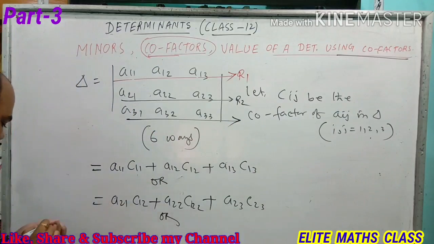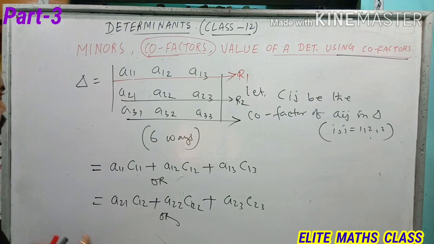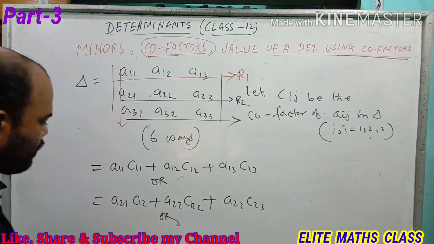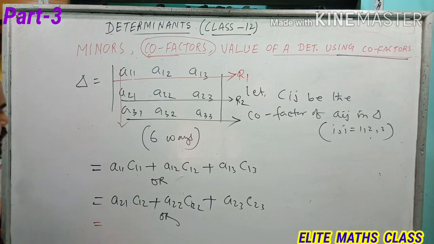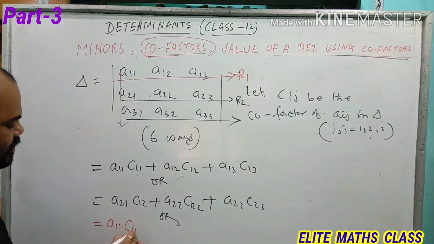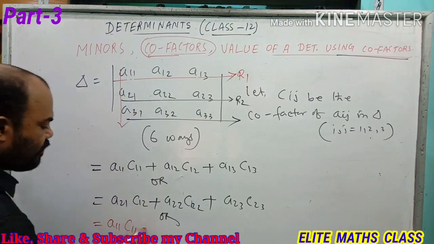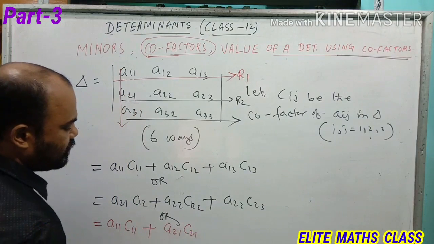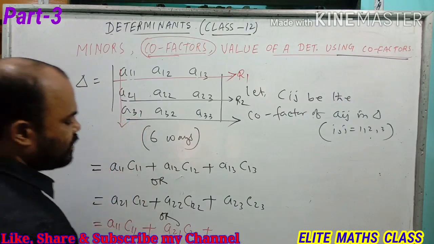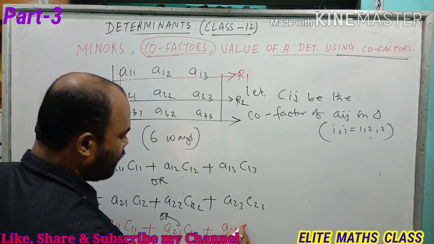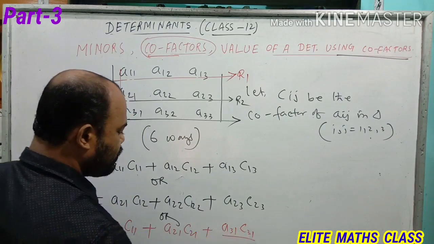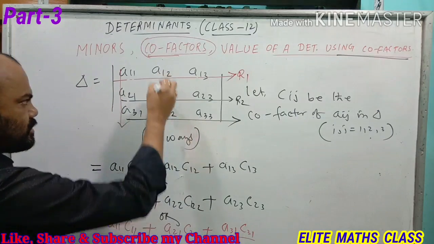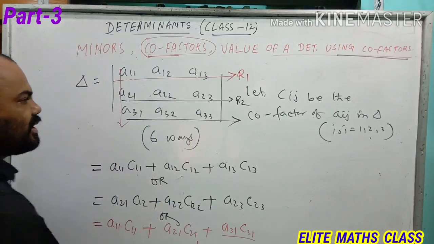Now say I am expanding this by the first column. In a similar way, what will be the value? It will be A11 into C11, the first element into its cofactor, plus the second element A21 into its cofactor, plus A31 into C31, that is its cofactor, etc. 3 more ways, third row, second column, third column, exactly in a similar way.